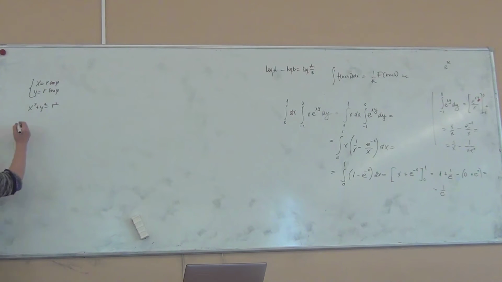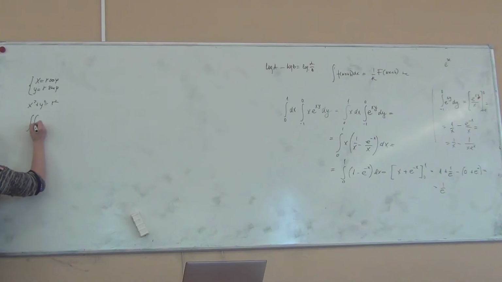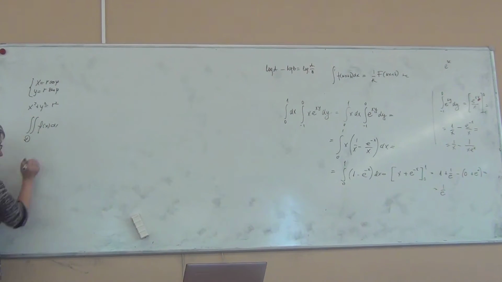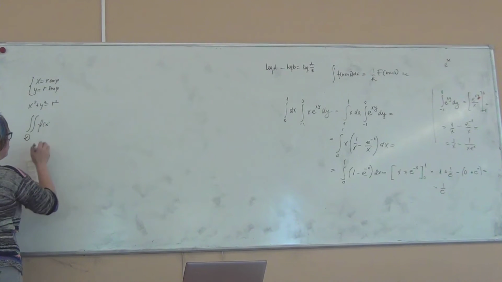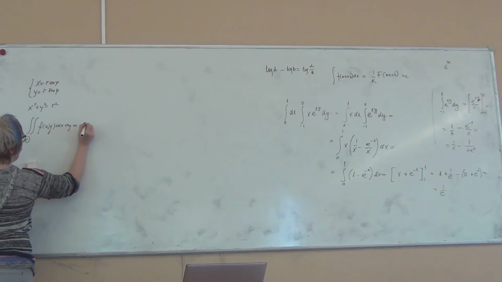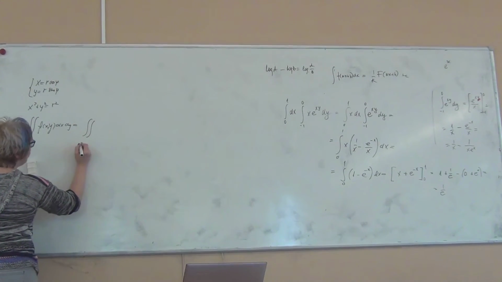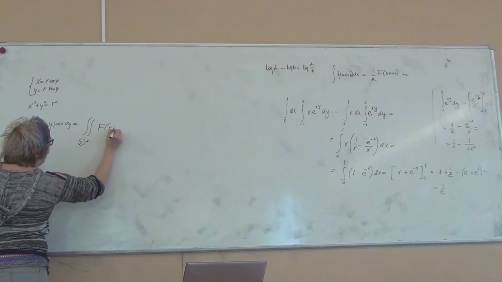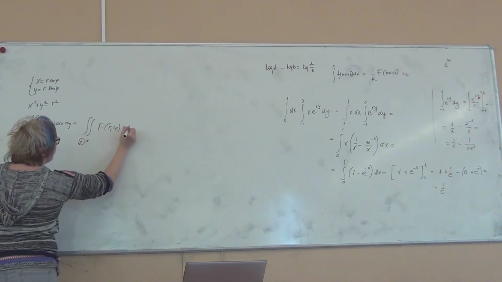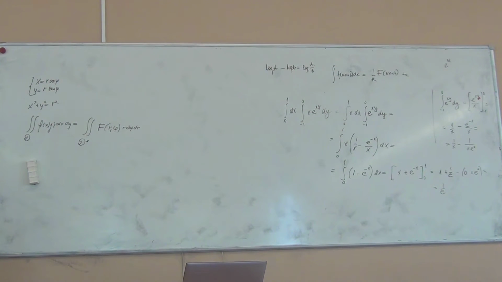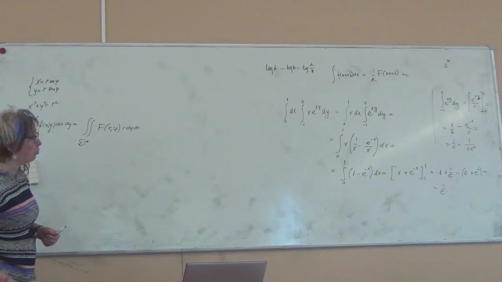And of course, the integral itself of f of x, y is changed into an integral of f in terms of r, phi, times r d phi dr. So the thing is that we get an extra factor r. That's the important part to remember.